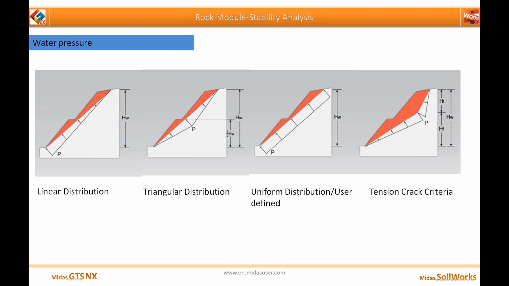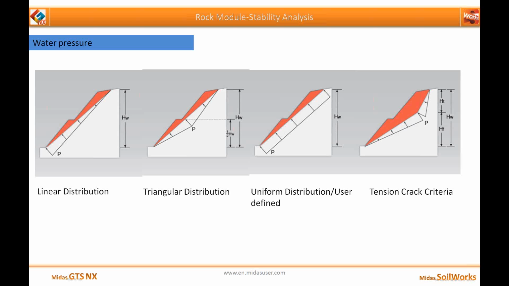Also, if you know the exact water pressure variation in the ground condition, you can go for uniform distribution or user defined, where you don't give any unit weight of water. You can directly define it as a uniform pressure load and consider it a uniformly distributed load, directly inputting the value.